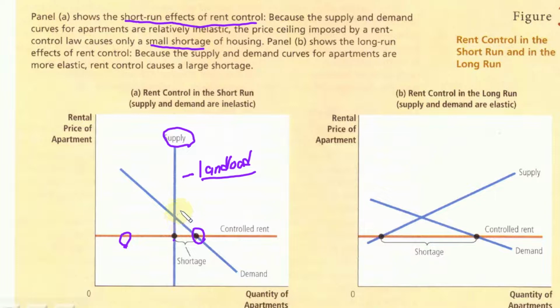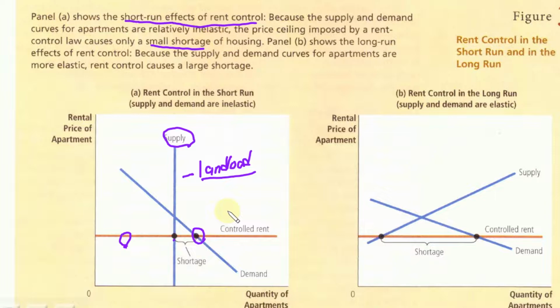The supplier cannot raise the rental fee more than the guideline, and at the same time the tenant does not want to pay higher than this guideline. But there must be a gap like this. This is the very short-run shortage.